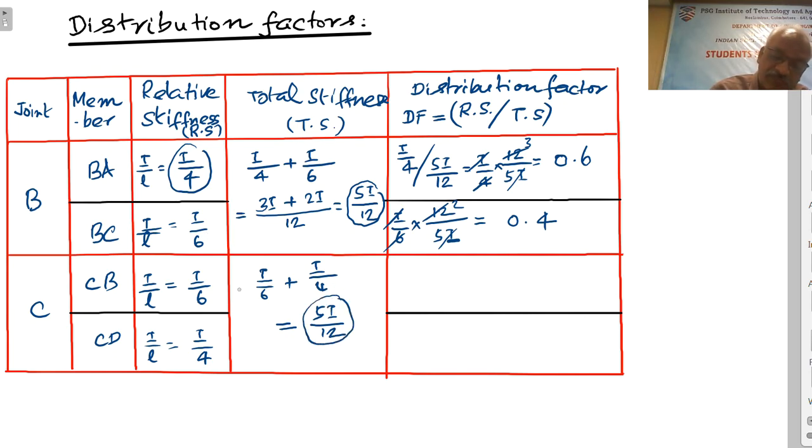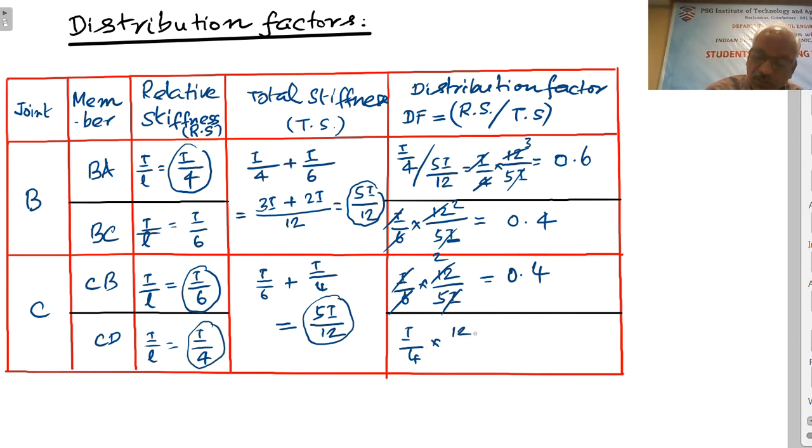Now here it is I by 6 into 12 by 5I, which becomes 2 by 5 equals 0.4. And for CD, the relative stiffness is I by 4, I by 4 into 12 by 5I.